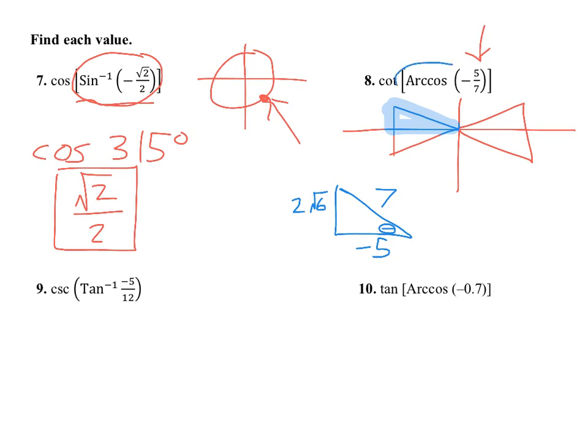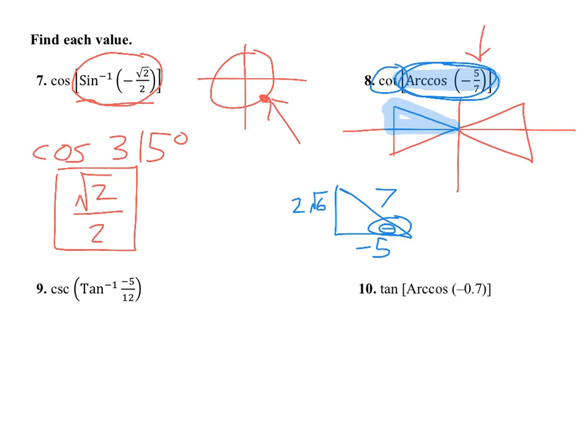Alright, so the answer to this question, that is the angle here. We don't need to find that angle because we're just going to find the cotangent of that angle anyways. So this part is theta, and now we just have to find the cotangent of that angle.